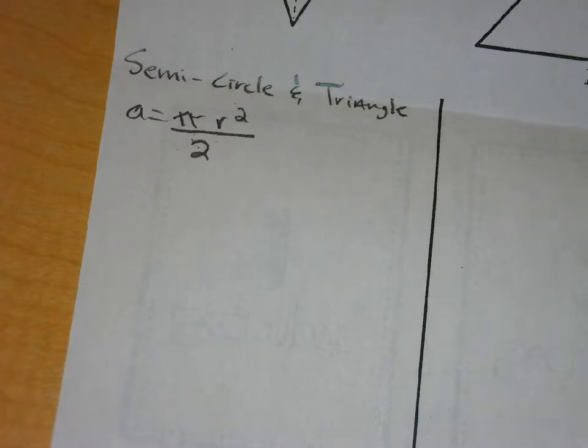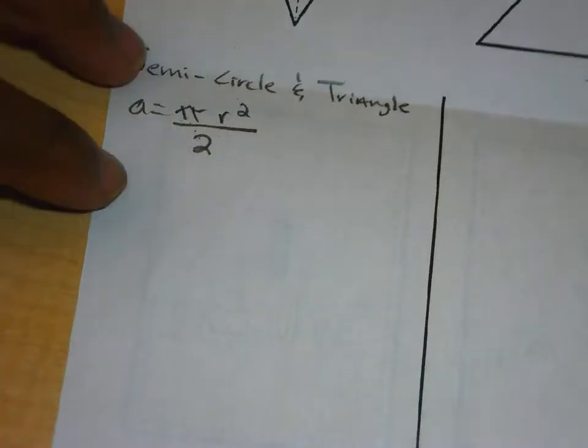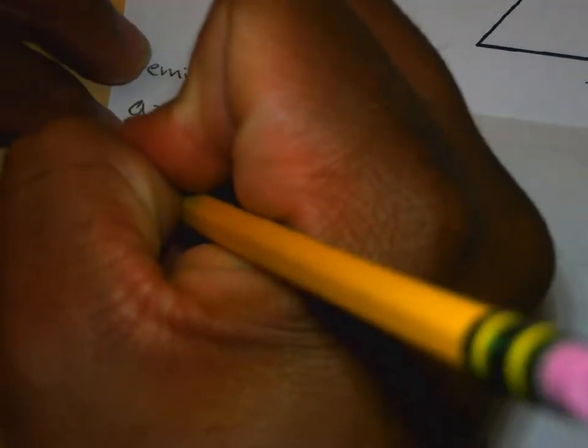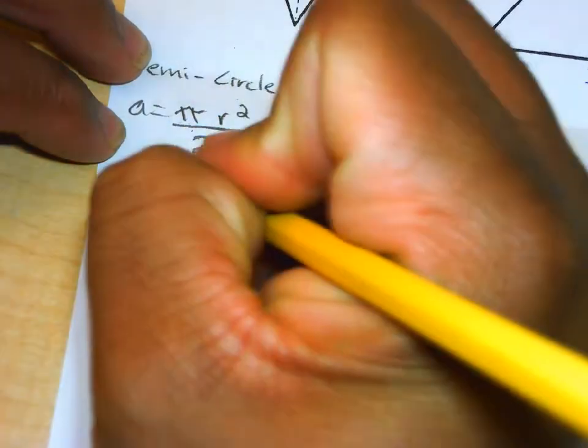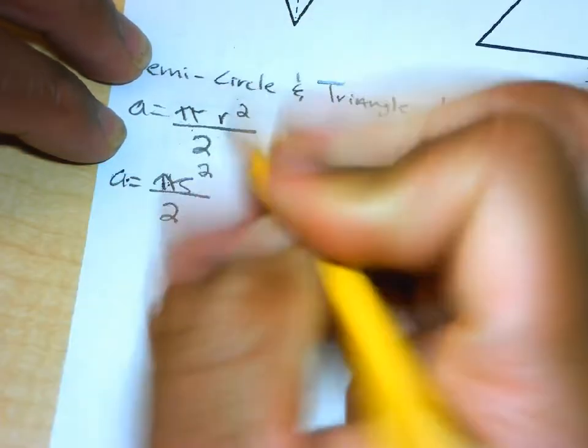What is the radius of that circle we have? The radius is 5 inches. Is he correct? Yes, so the area equals pi times 5 squared divided by 2.